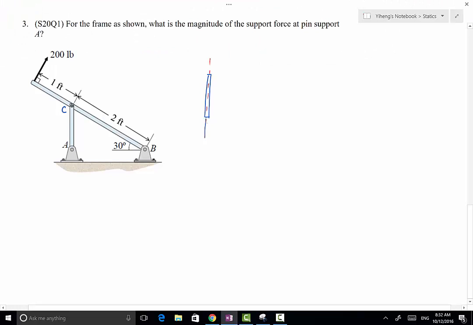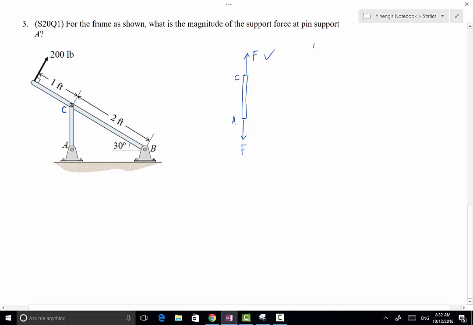So same line of action, same magnitude, opposite direction. So they can either be like this, or they can be like this. Only 2 possibilities. So let's say it is like this. This is how the forces are on member AC.